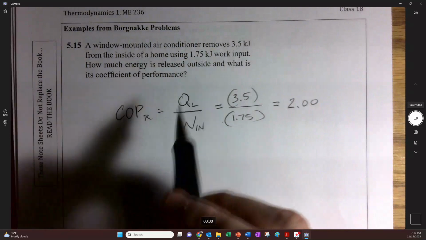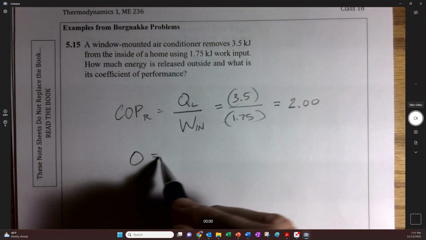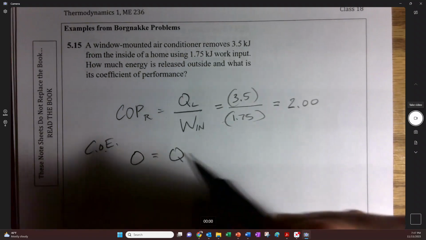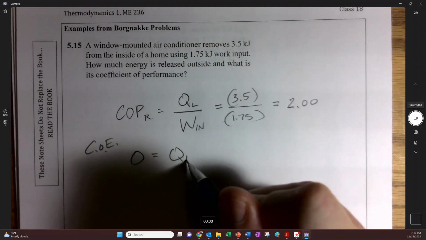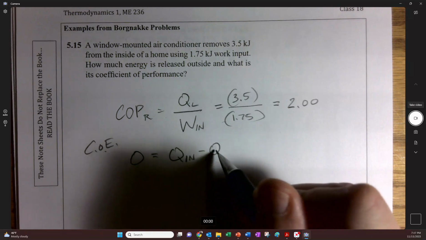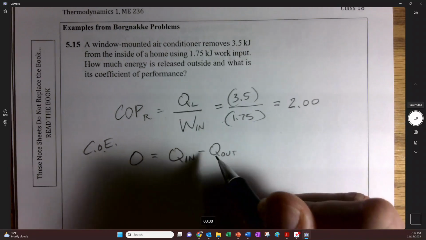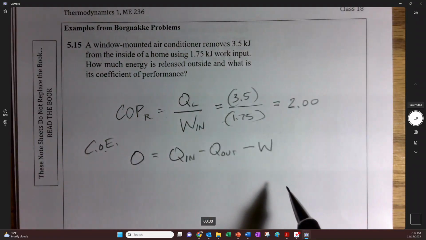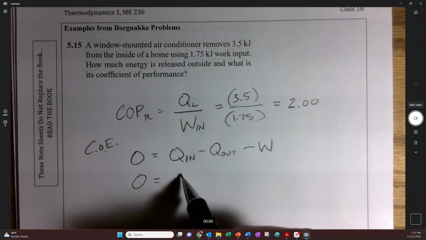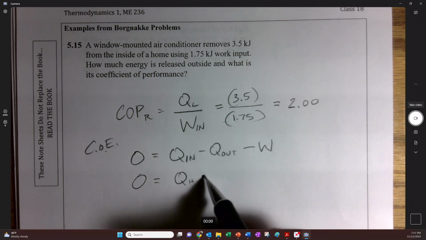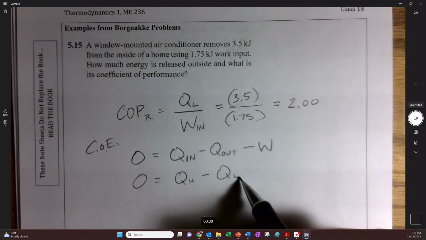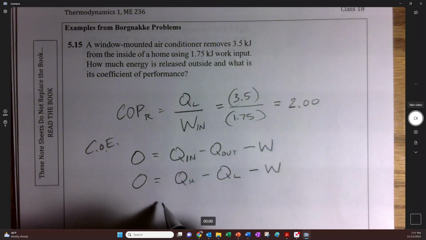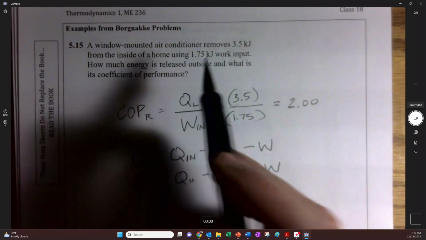And so we want to know how much heat is rejected. It's a simple conservation of energy equation, where we have in minus out, so that's how much is rejected, minus the amount of work put into it. Or in other terms, this is QH minus QL minus W. They're asking how much heat is released outside.